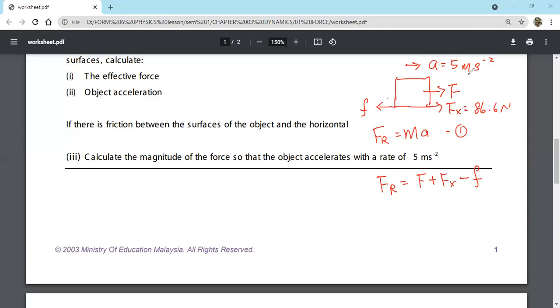Now they want the force only. They didn't mention about it. So ma is equal to F plus Fx minus friction. So what is the magnitude? So that it accelerates at 5 ms^-2, so that will be equation 2.